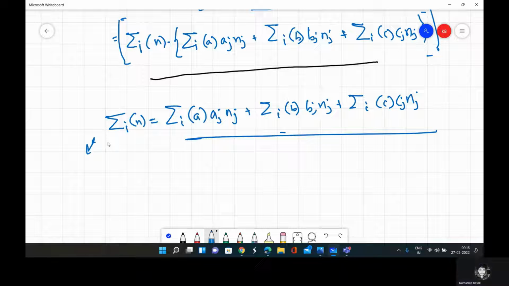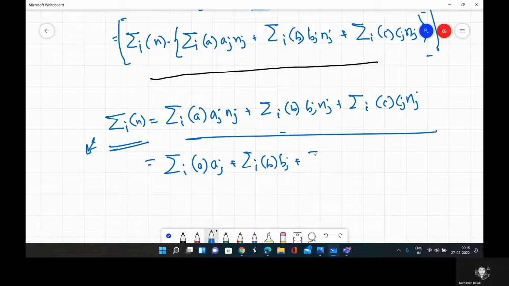So this is the component of the stress, and that is equal to this whole quantity, which can again be written as Nj.